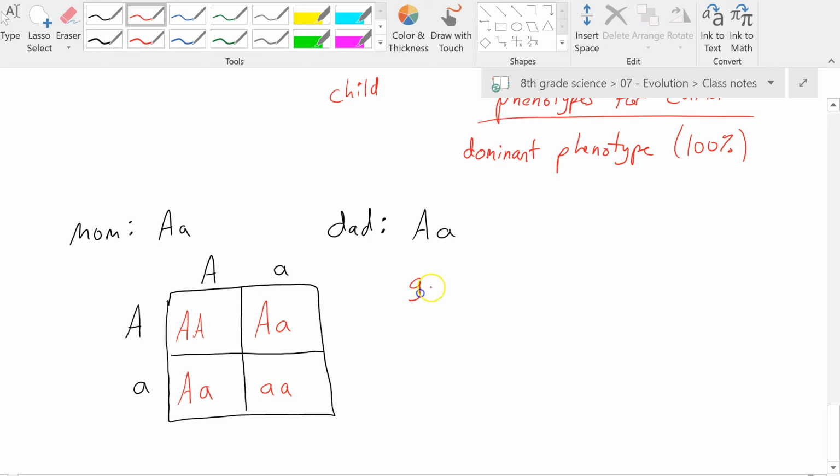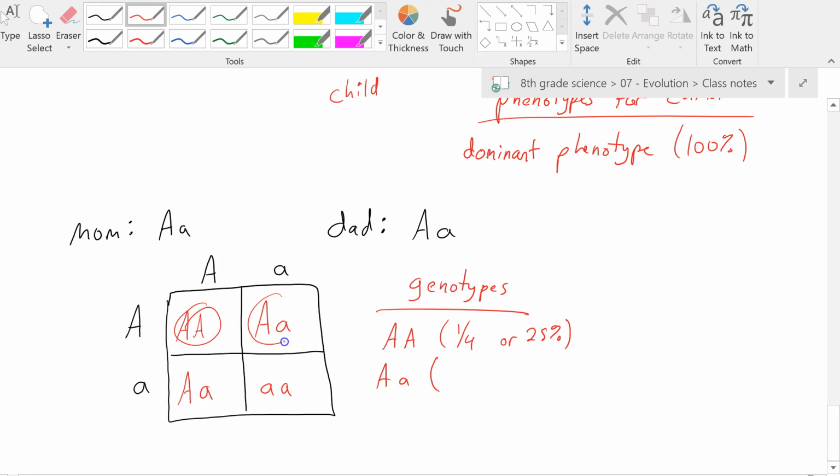So our genotypes, this time we've got 3 possibilities. We have big A, big A. That showed up out of these 4 boxes only here. That's 1 out of 4 times, or 25%. We have big A, little a, that is heterozygous.